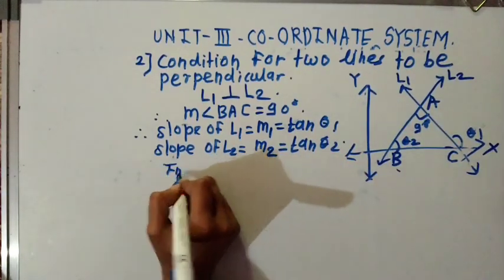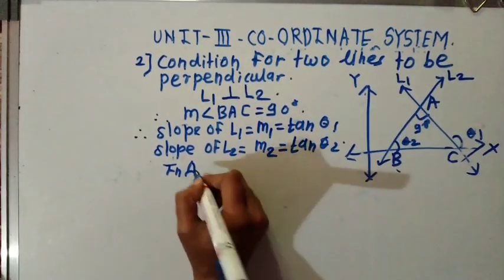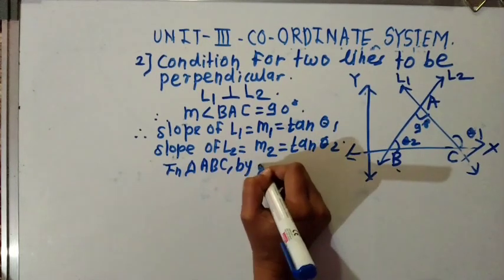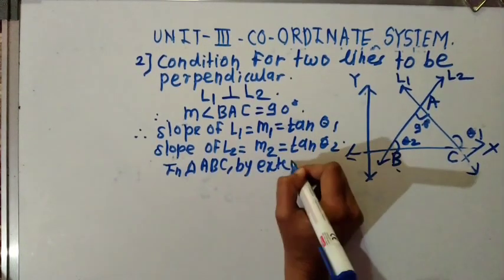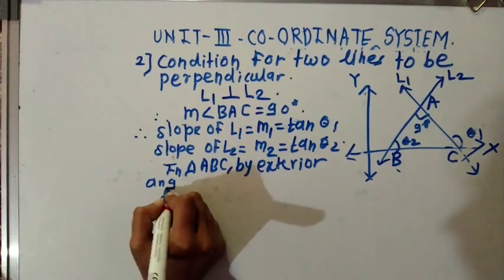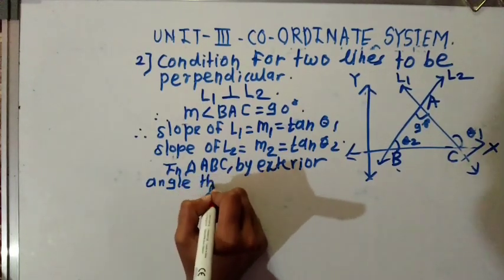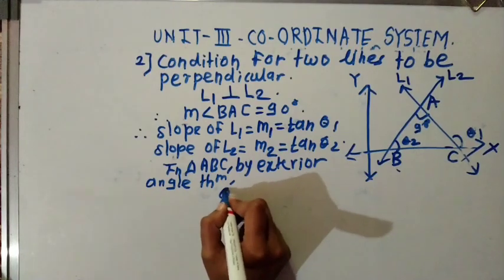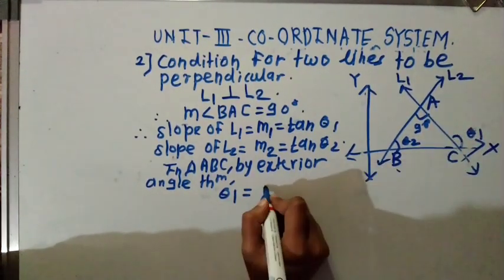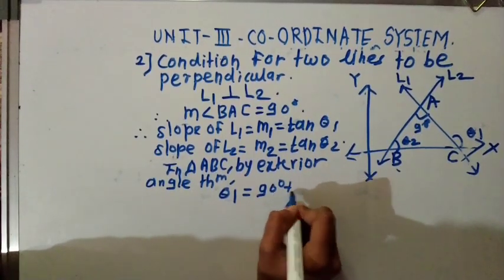Hence in triangle ABC, by the exterior angle theorem, theta 1 is equal to 90 degrees plus theta 2.